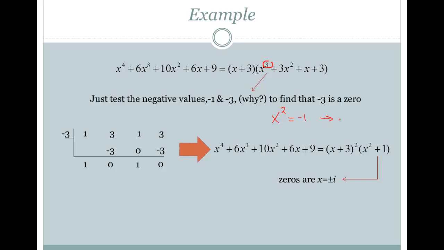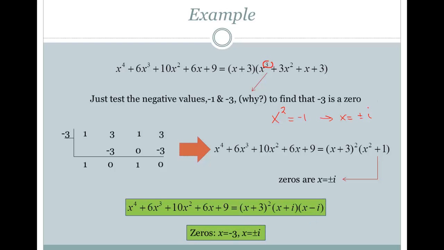I get x is equal to plus or minus i, or the square root of negative 1. Now I can write this as my linear factors: x plus 3 squared, x plus i, x minus i. Okay, I could actually write this x plus 3, x plus 3, x plus i, x minus i. Here are my zeros. Again, this is a double root.